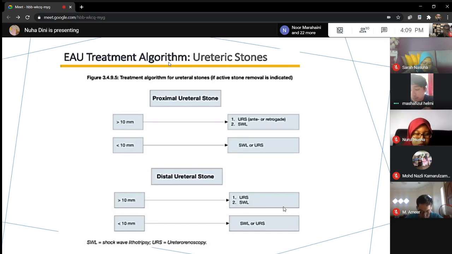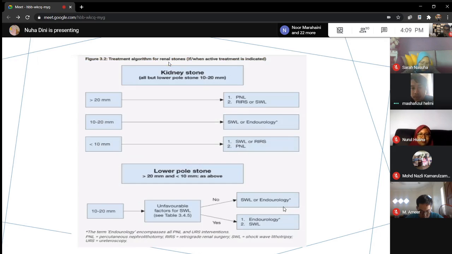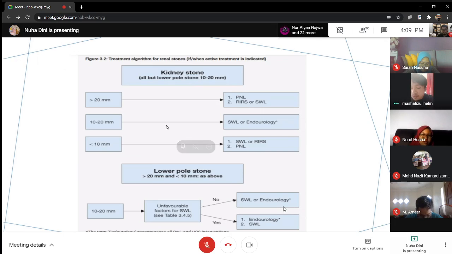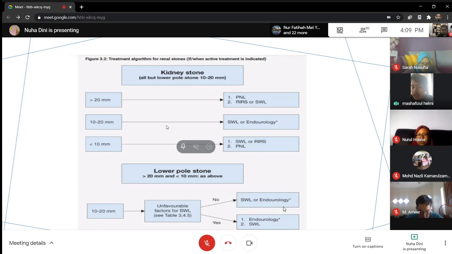Next slide. This is for renal stone. It is also determined by the location of the kidney stone.